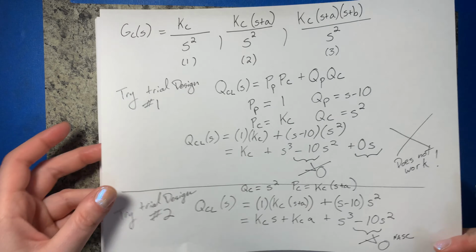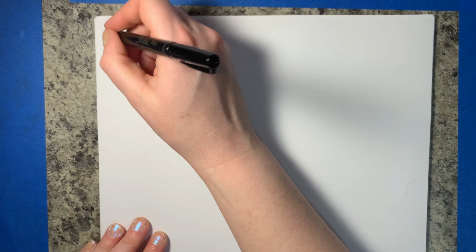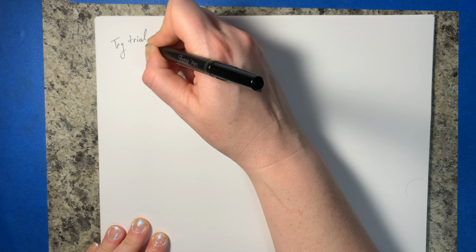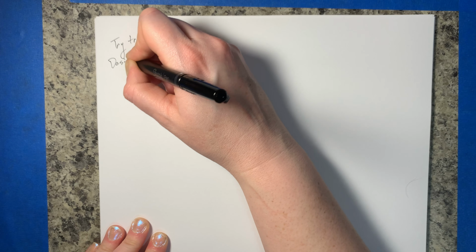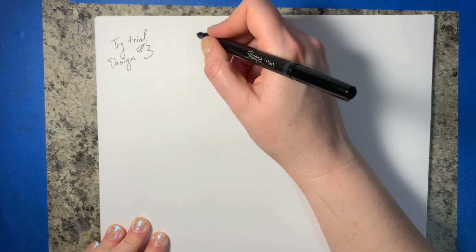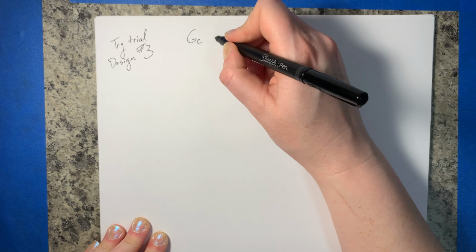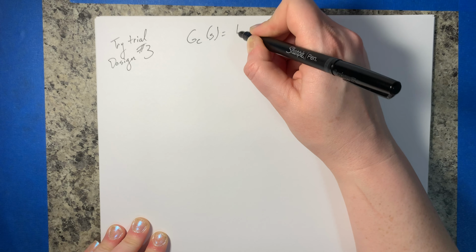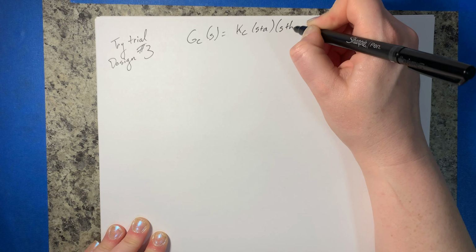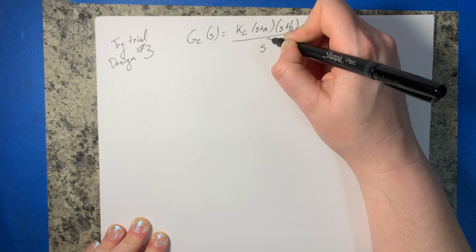And so let's try trial design number 3. Okay. And so the trial design number 3, we had that GC of S equals KC times S plus A times S plus B over S squared.